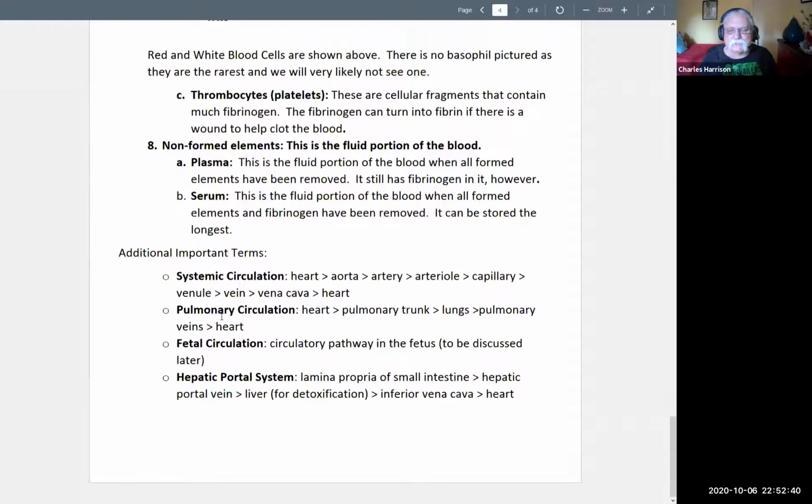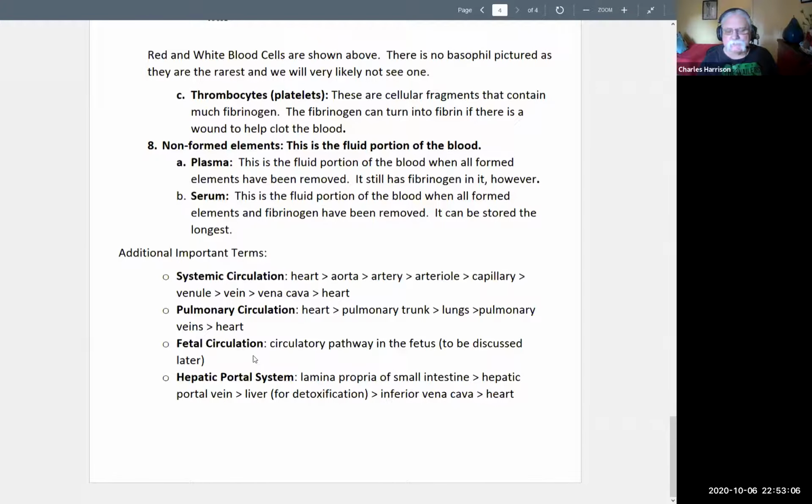Pulmonary circulation is to the lungs and back from the heart. So we start with the heart and we exit by the pulmonary trunk and then go to the lungs and then come back with the pulmonary veins and then the heart.